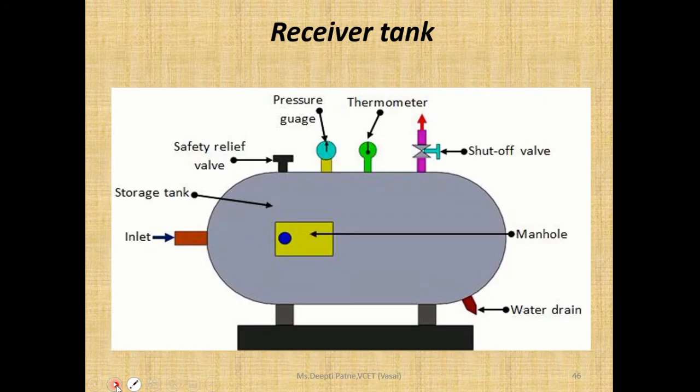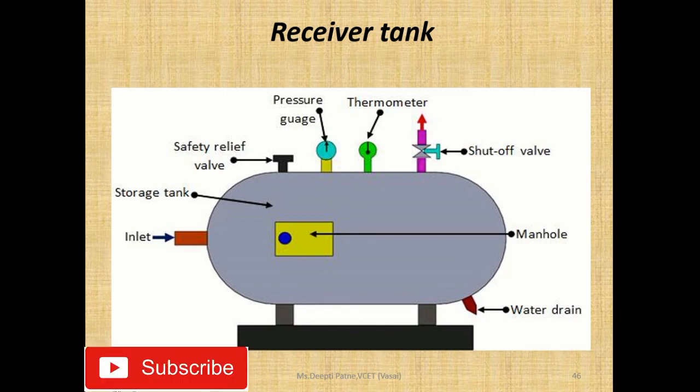Now let's see the next part, which is a receiver, that is the end of the primary air supply system. If you see, there are many components attached to this receiver: inlet, safety valve, pressure gauge, thermometer, shut off valve, manhole, water drain. These are all components available. We will go step by step, one component at a time. Safety relief valve.